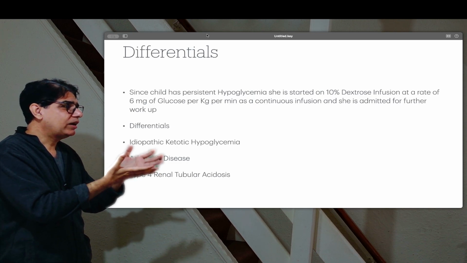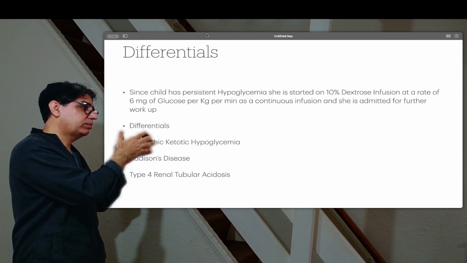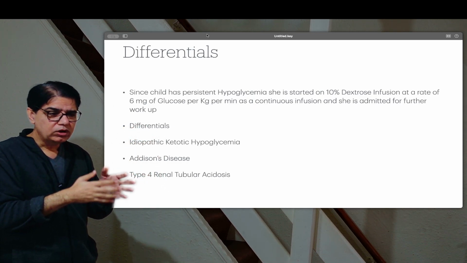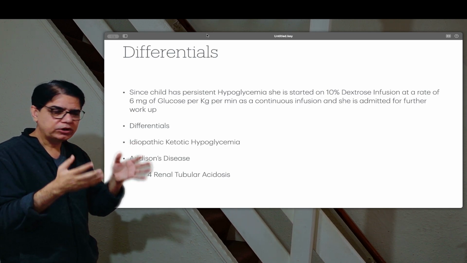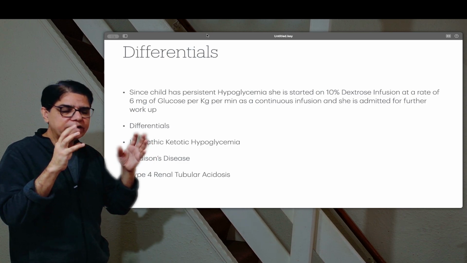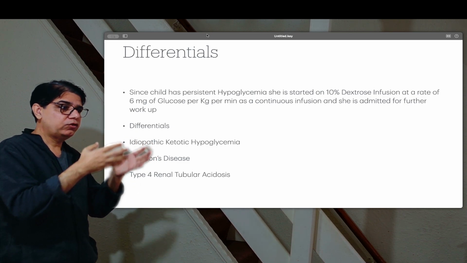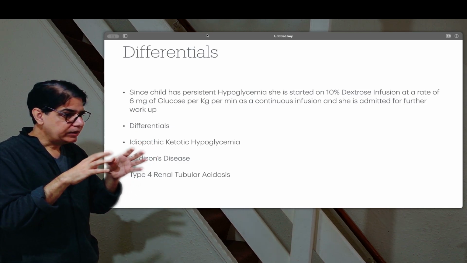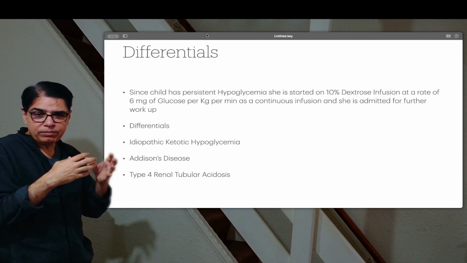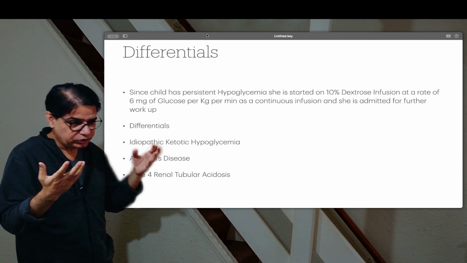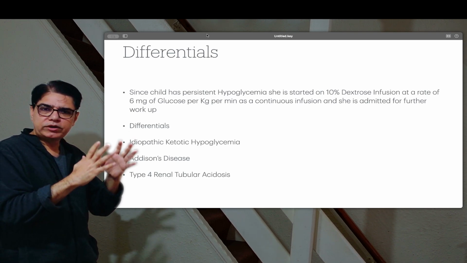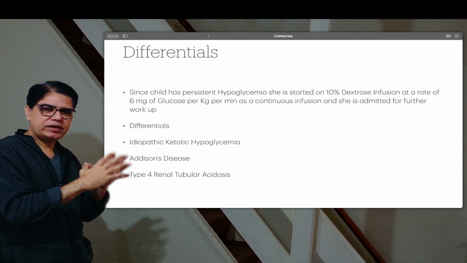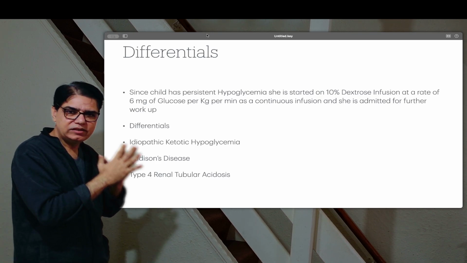And when the ketone levels jump up in the blood, they also start appearing in the urine. So a ketotic hypoglycemia simply means that the body is responding to hypoglycemia by using alternative sources of energy. Yes, if you have got hypoglycemia and there are no ketones, then you should be worrying about fatty acid oxidation defects in which the ketones cannot be utilized. So the first important differential diagnosis here is idiopathic ketotic hypoglycemia.